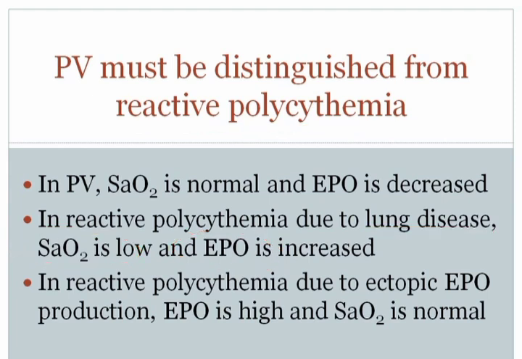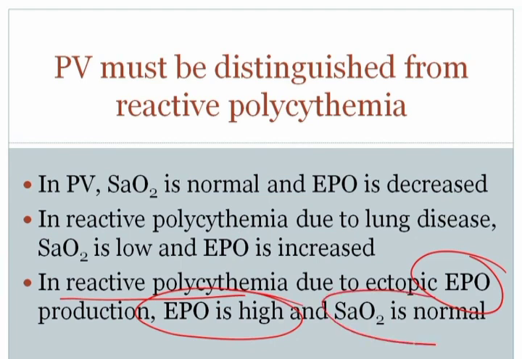Another way that we could get a reactive polycythemia would be if we had a tumor that ectopically produced erythropoietin. And the tumor that does that is renal cell carcinoma. That's high yield. So a tumor, for example renal cell carcinoma, could ectopically produce erythropoietin, and in that case, the erythropoietin would be high, which would be driving that high red blood cell count, but the SaO2 would be normal because there is no hypoxemia in the patient.